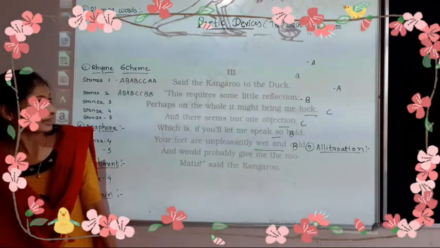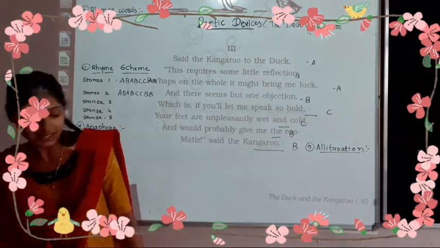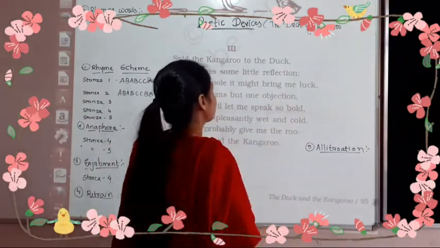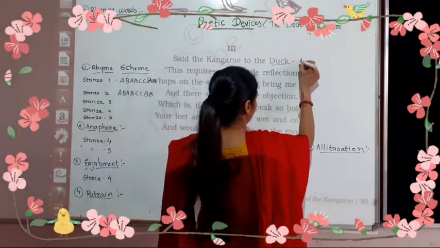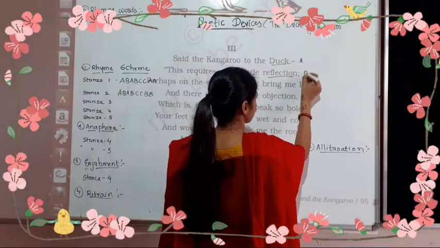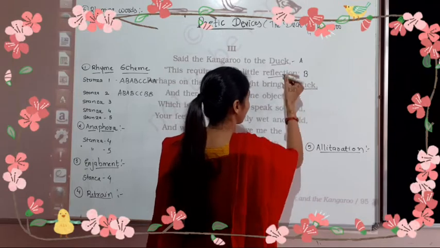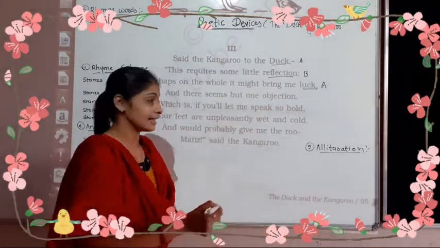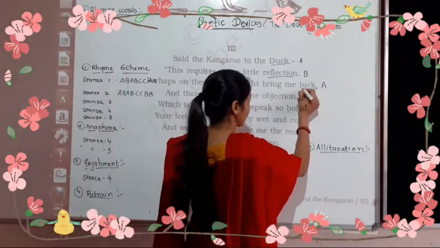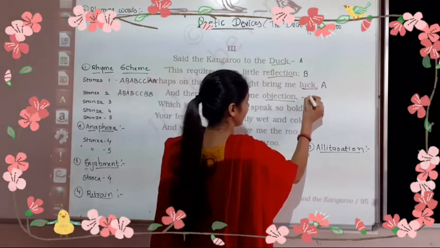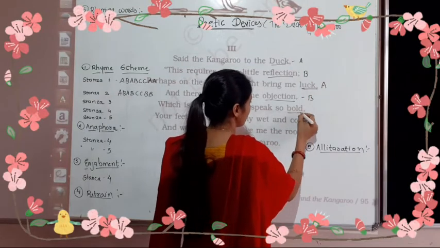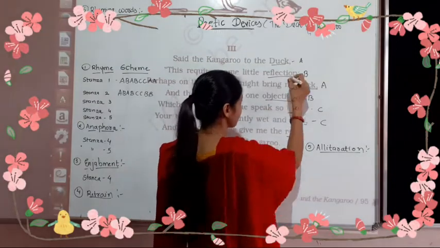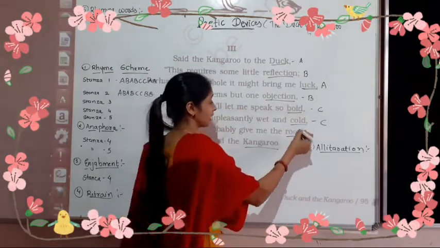Now we'll see the third stanza. In the third stanza, the poet has used the rhyme scheme: duck is A, reflection changes the pronunciation, so B will come. Love, again duck and love are rhyming words, so we use the same alphabet. Objection, again B. Bold and call, C. Do and kangaroo is not the same as above, so what will come next?